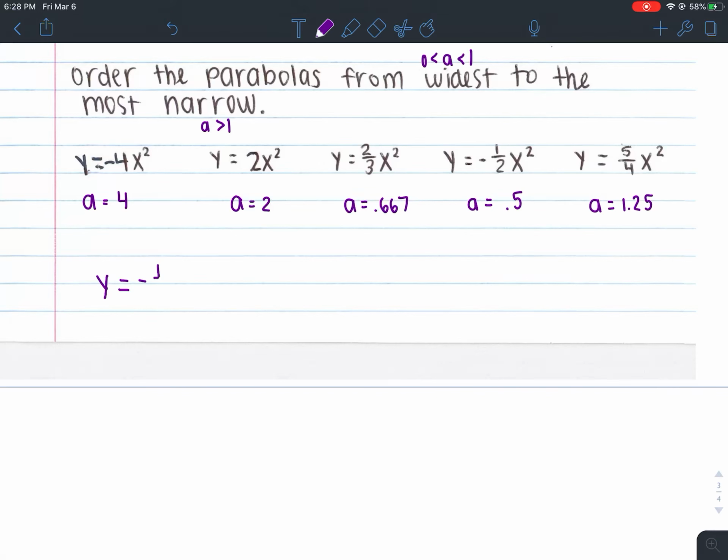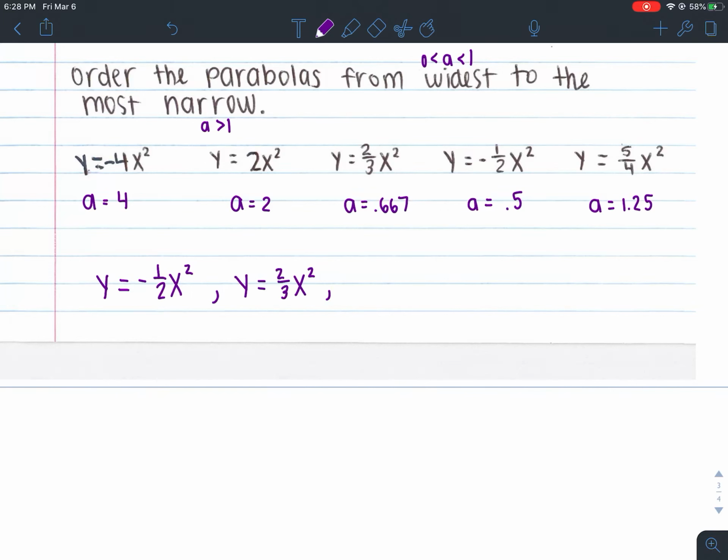So we have y equals negative 1/2 x squared goes first on the list. The next biggest number I have is going to be this one, 0.6. 0.5 and then the next one will be 0.6. So this parabola is going to be the next widest, or not as wide, I guess. It's less wide than the previous, but it's still wide. Now we keep looking.